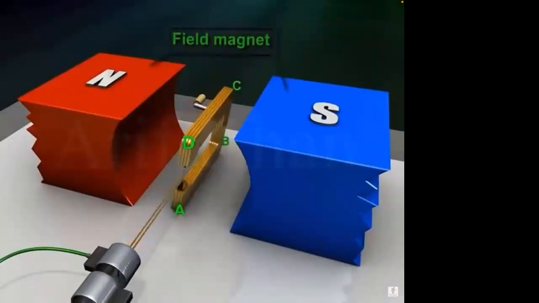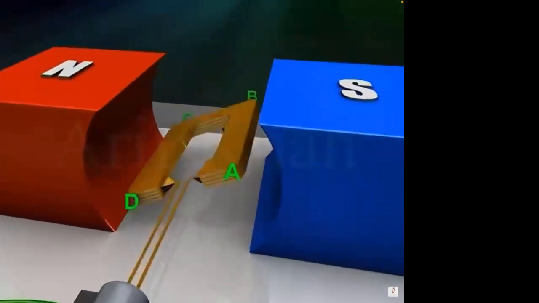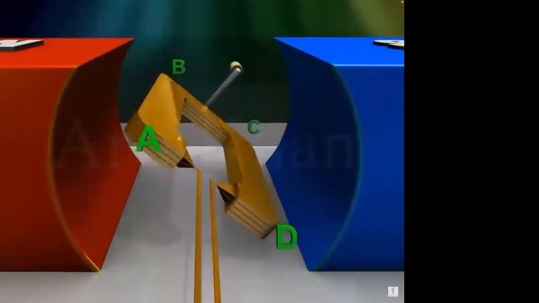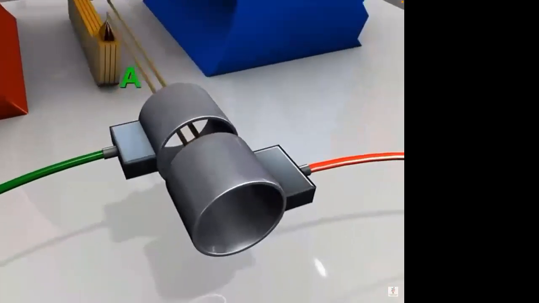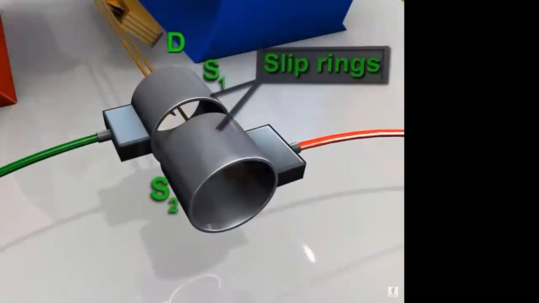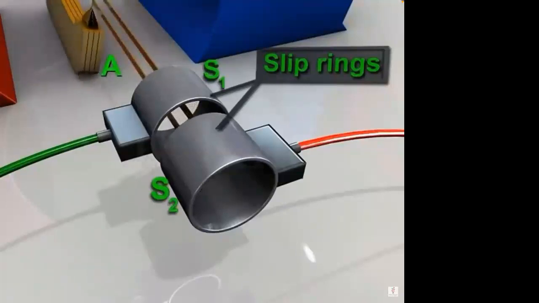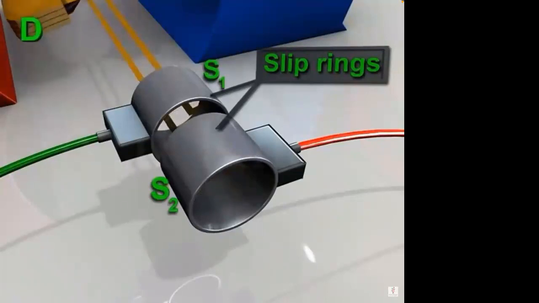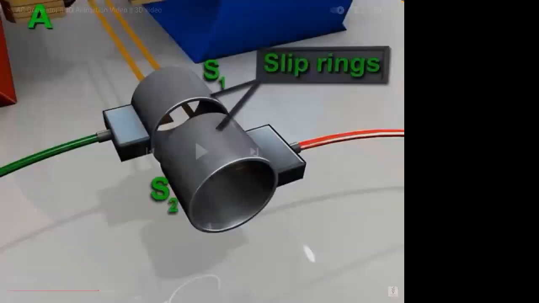A field magnet, it may be a strong permanent magnet with concave poles. Now see, they will show you. Two slip rings S1 and S2, are you able to see? Observe it clearly. These are connected to the armature and thus rotate with it. There are two L shapes. I think I paused it at the right place.